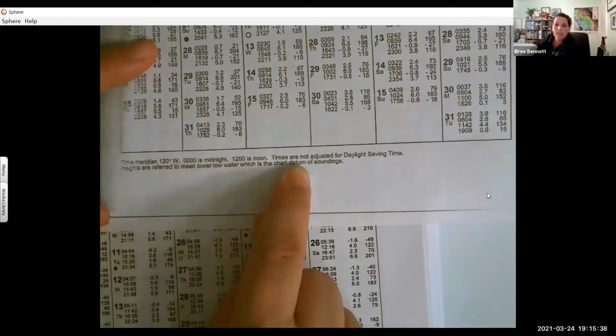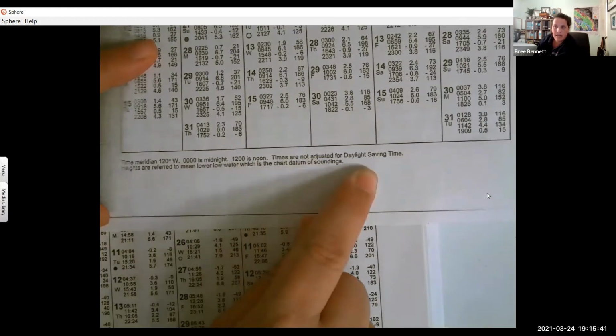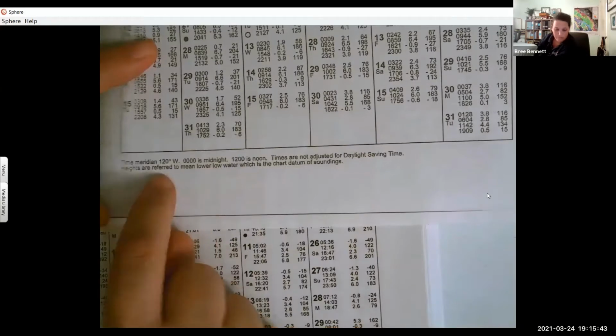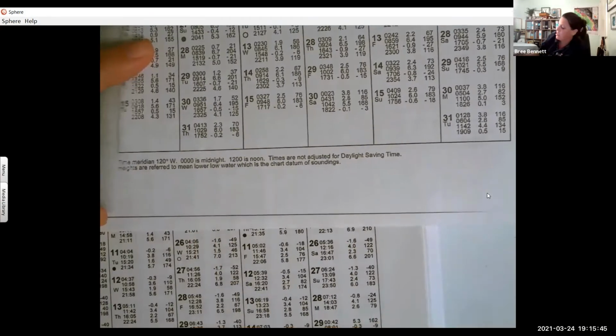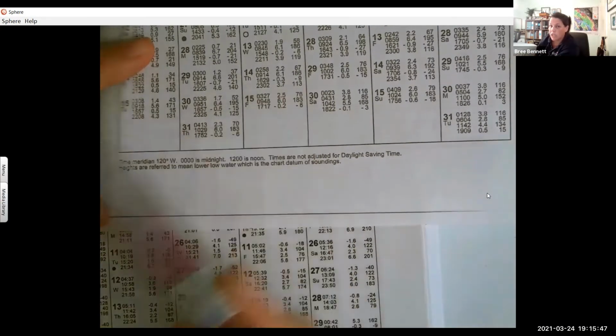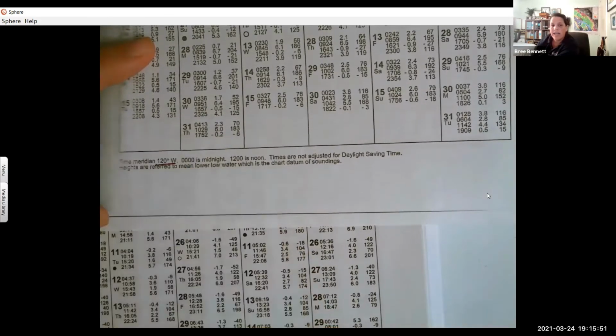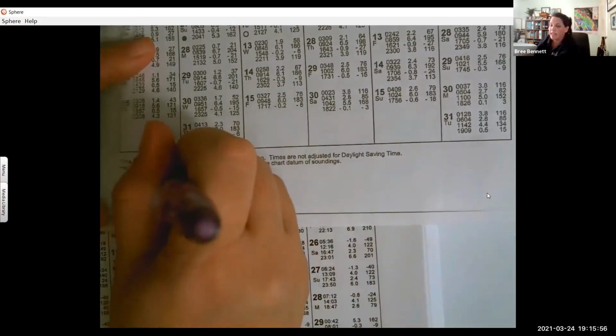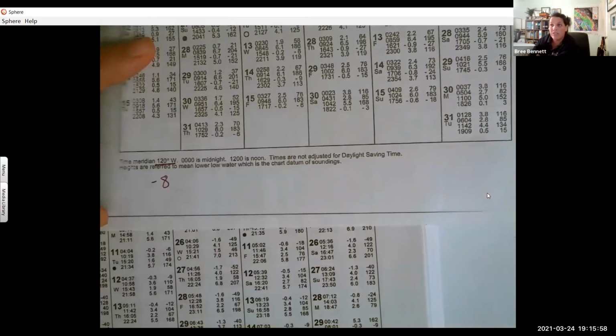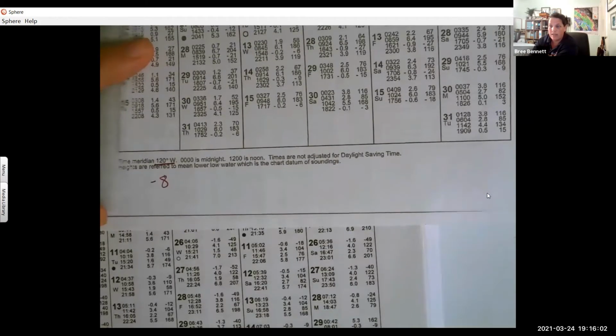These times are not adjusted for daylight savings time. So in this case, we know that 120 west is a zone description of -8, and I'm observing -7. I need to adjust one way or another.